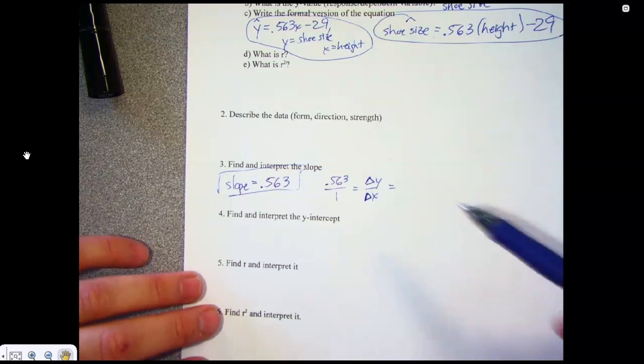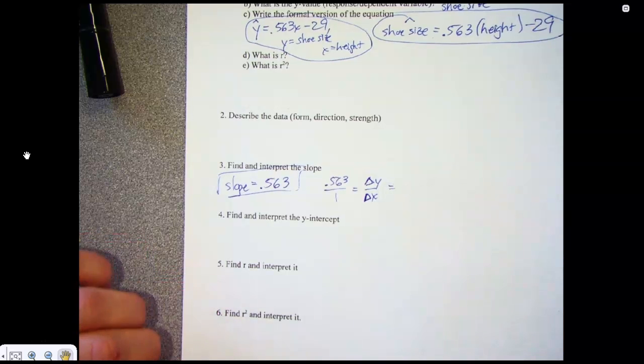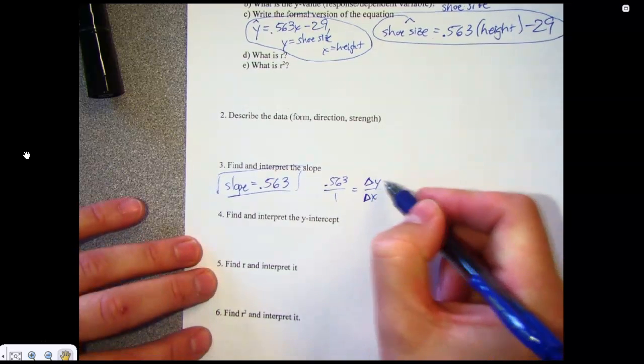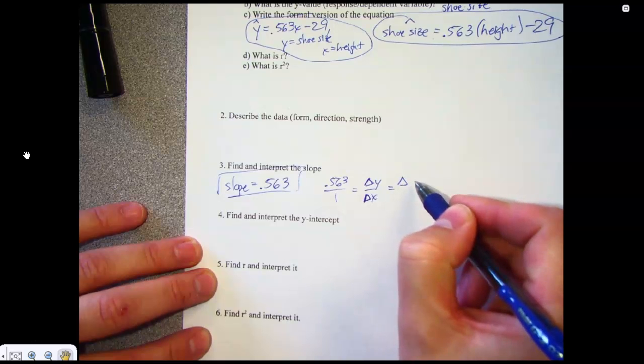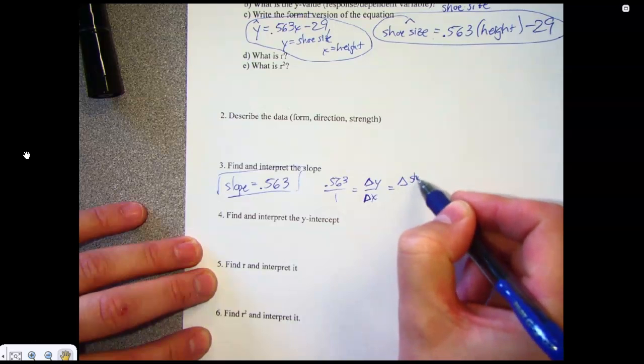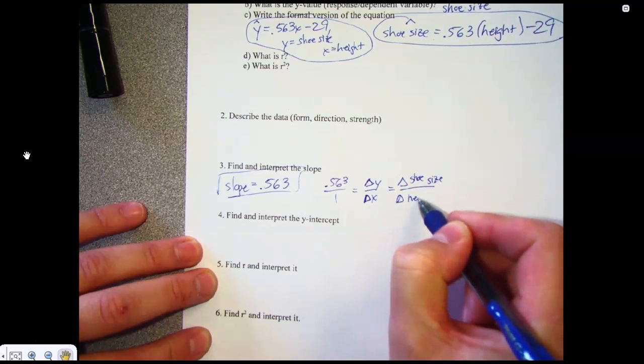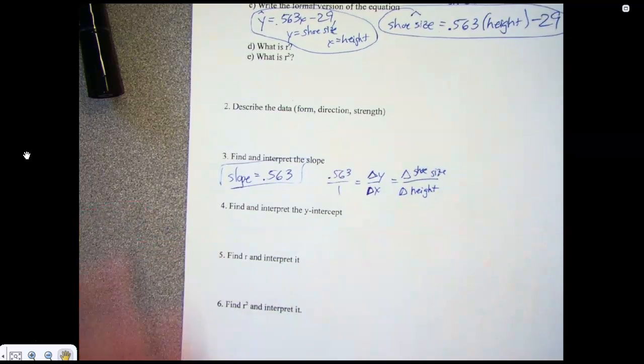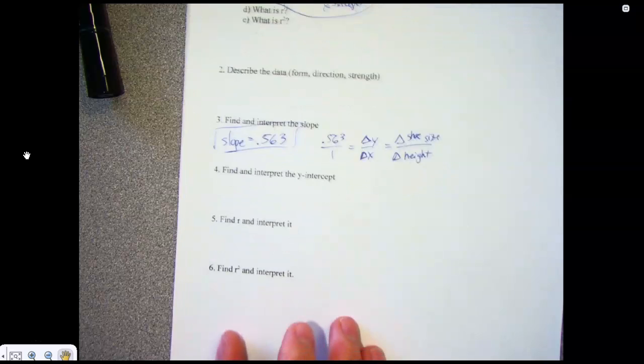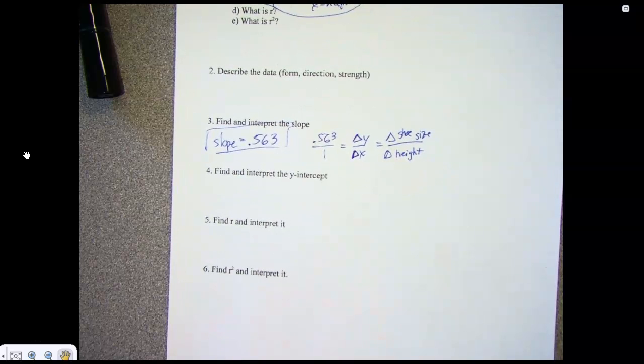And then I'm going to go back to the very first thing I thought of. Well, the y variable, this is the change in shoe size. This is the change in height. And you don't have to break it down this way, but I think it really helps you organize your thoughts, because you're going to be asked to describe it in this way.